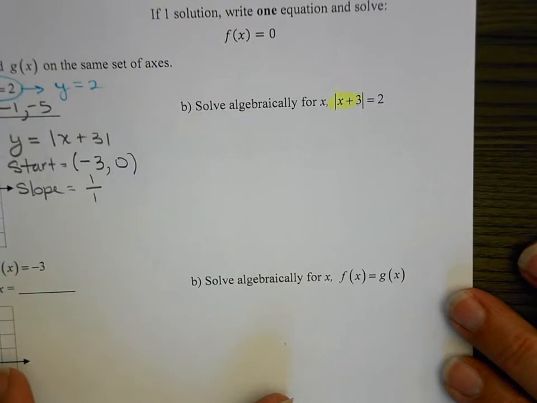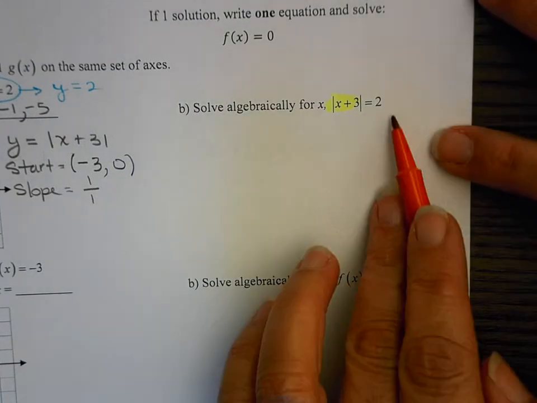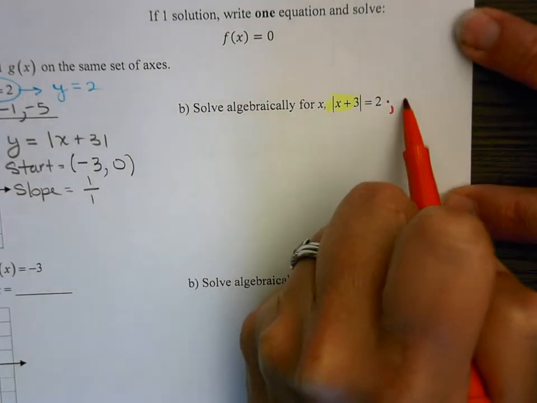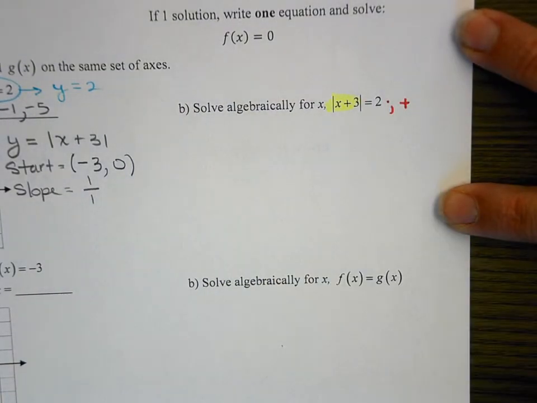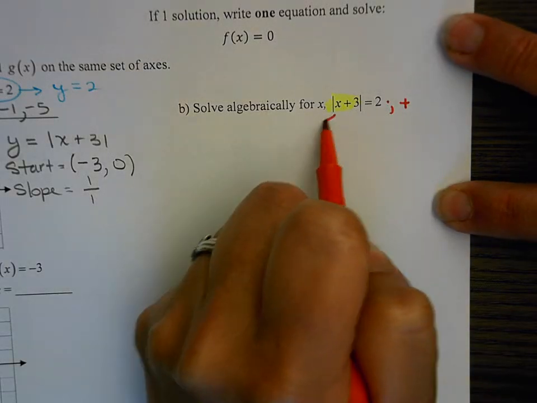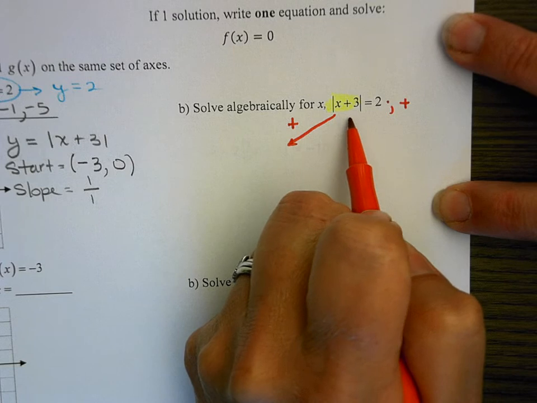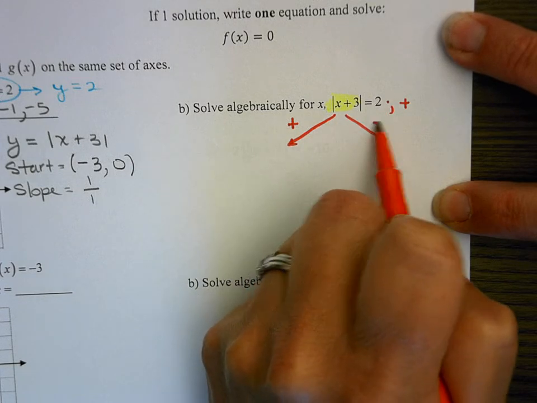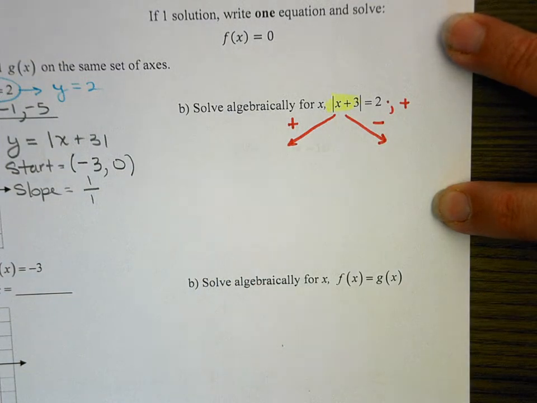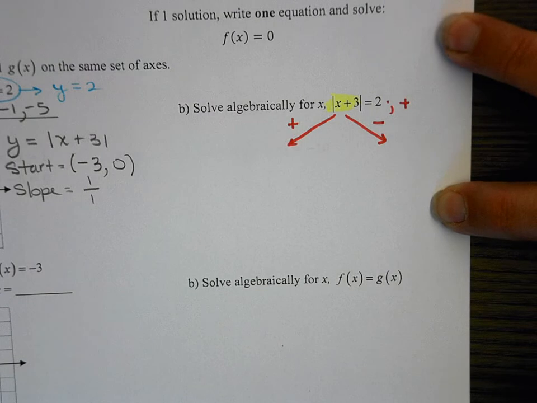So for part B, on example 1 that we were working with, because this is a positive number, I need to create 2 equations. So I'm going to have 2 equations, one where I look at that being positive, and then I also look at that being negative. Okay, not adding versus subtracting, but positive versus negative.